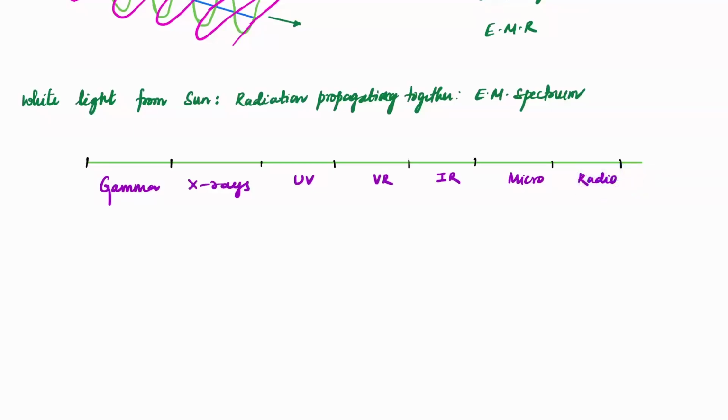One thing you can understand is that this is the direction in which wavelength lambda increases and frequency decreases. Got it? Typically, this is the range.